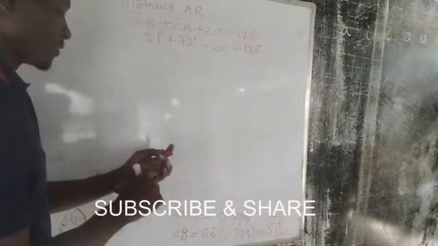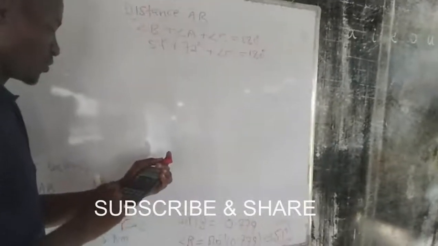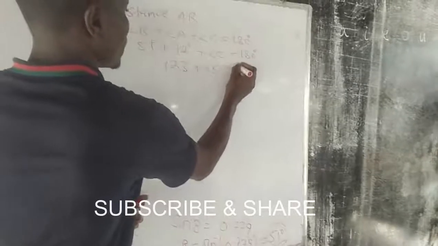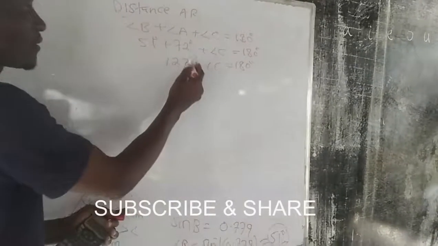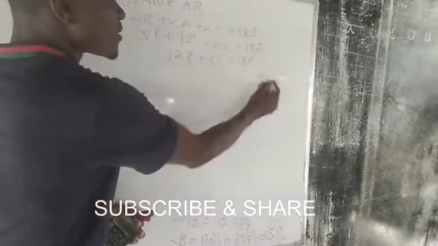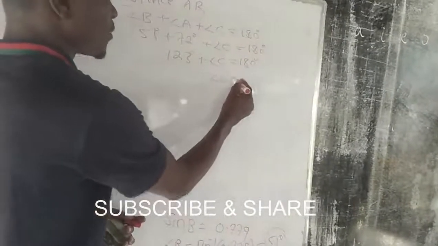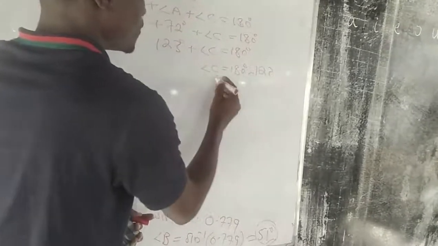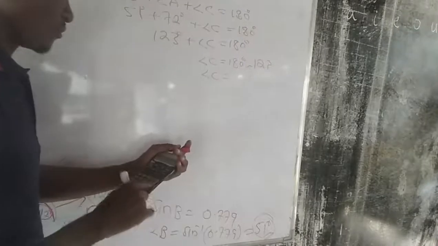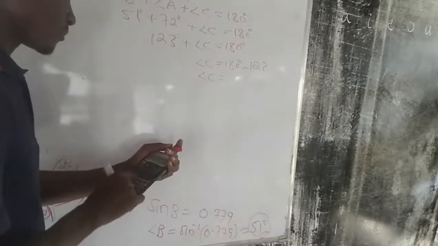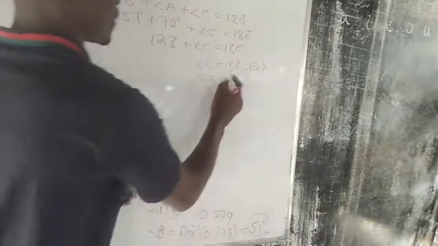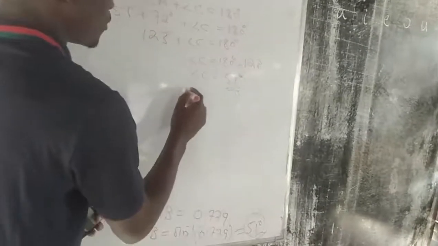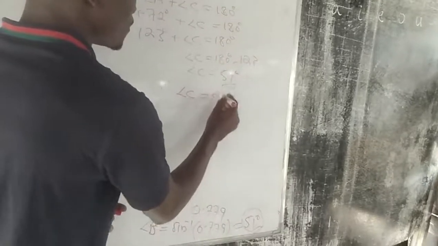So when you add 51 plus 72, you get 123 plus angle C equals 180. And then this 123, you cross it over to the other side, it becomes negative. So 180 minus 123, you get 57. Okay? So, therefore, angle C equals 57.